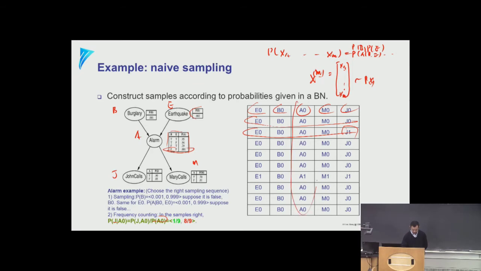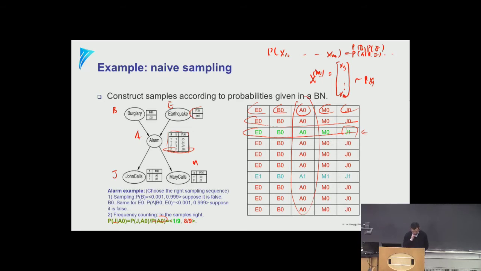So you look at this whole row and see how many times the alarm is off. Well, you have these 9 examples. And then you also need to get all those samples where John actually made the call. That corresponds to this green example. So 1 out of 9 samples, you see this event, and you compute the probability accordingly like this.